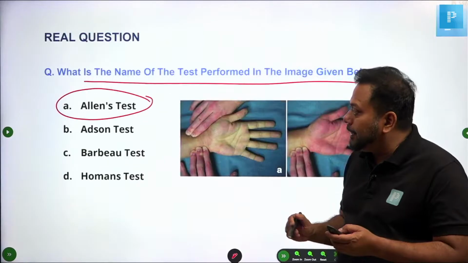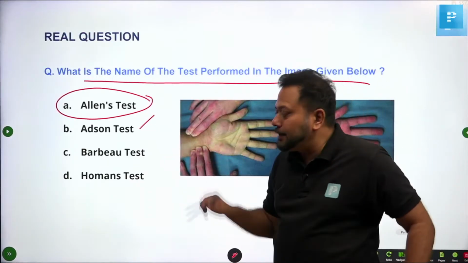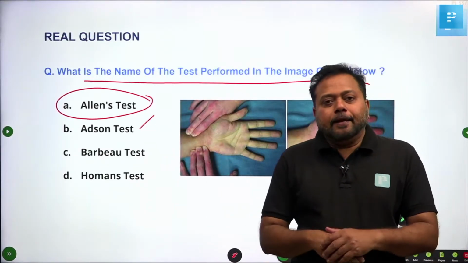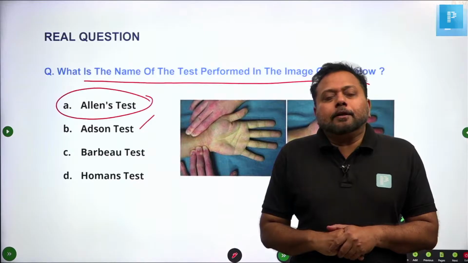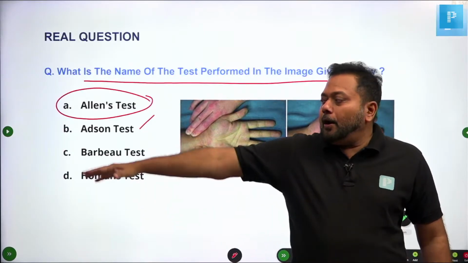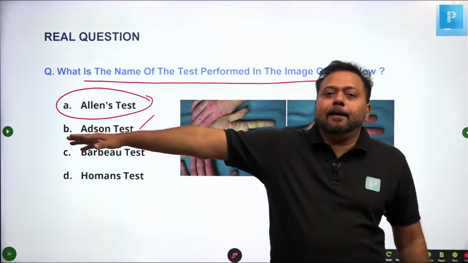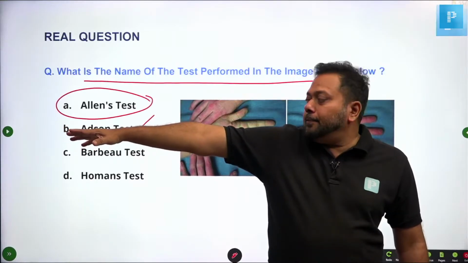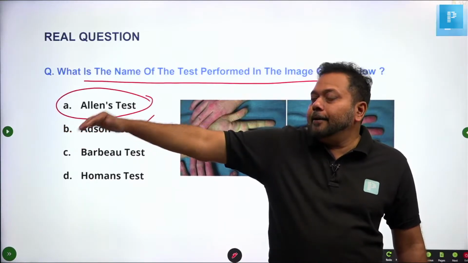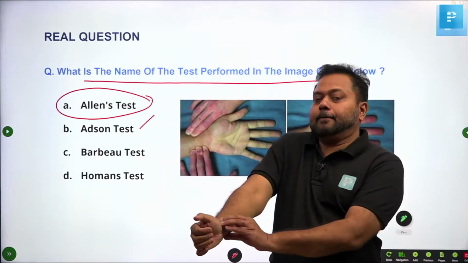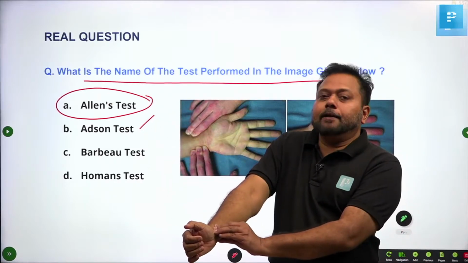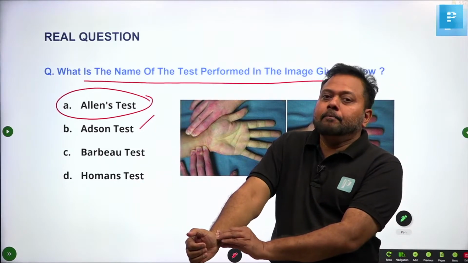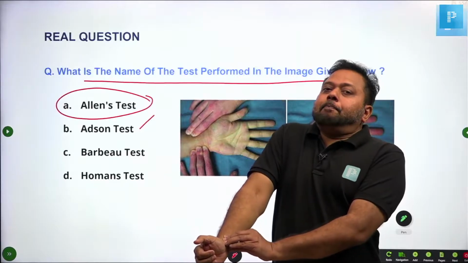Now let us see what Adson's test is. Adson's test is to test for thoracic outlet syndrome, otherwise called cervical rib. Ask the patient to abduct the upper limb to 90 degrees and turn the head towards the same side. You palpate the radial artery pulse and ask him to take a deep breath.